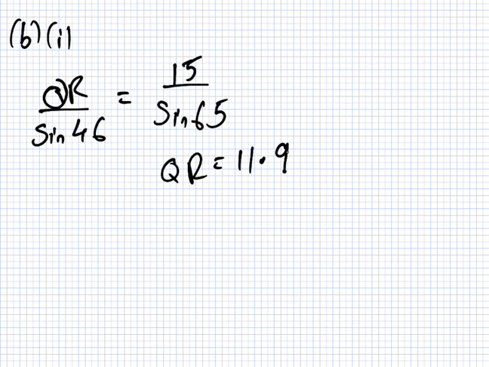You always use the angle that's opposite the side you don't know. And in this case, the side we're looking for is QR.